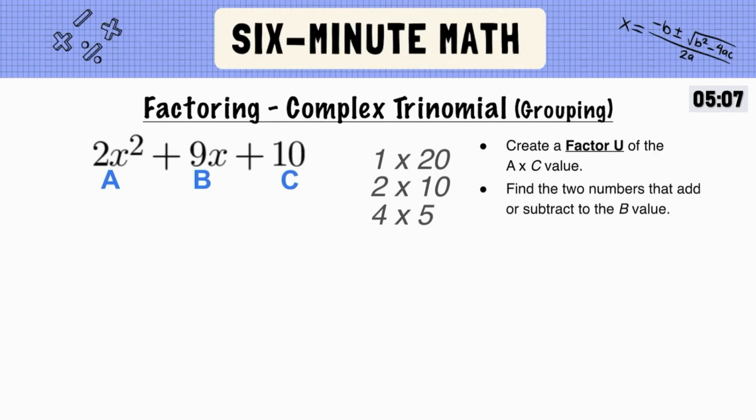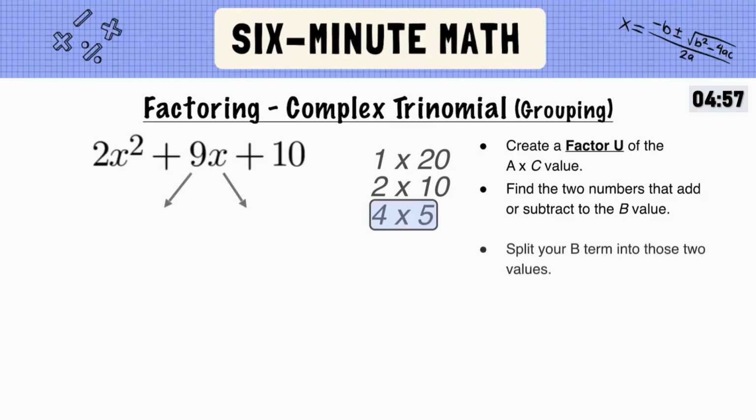We're going to find those two numbers that add or subtract to that b value. In this case, it's going to be 4 and 5 because my b value is 9. I'm going to split my b value into those two terms. We have a 4x and a 5x to give me the following polynomial.